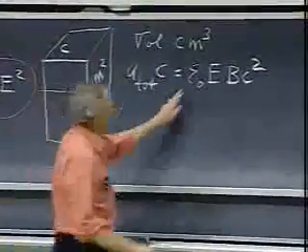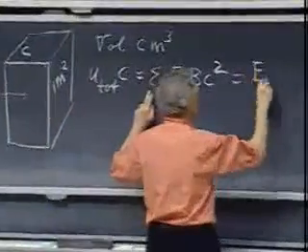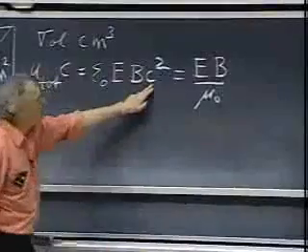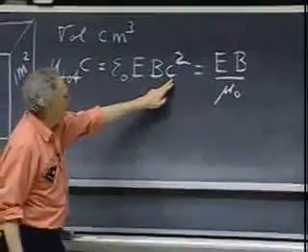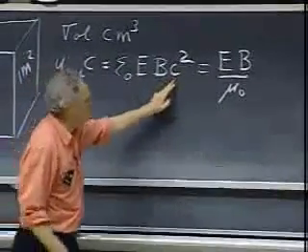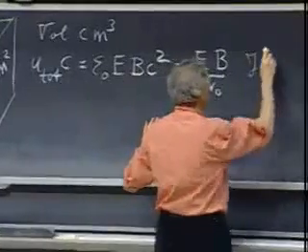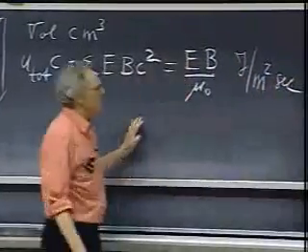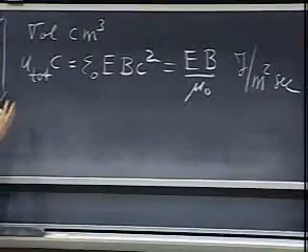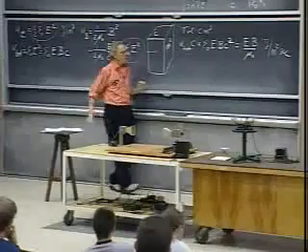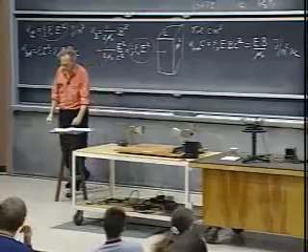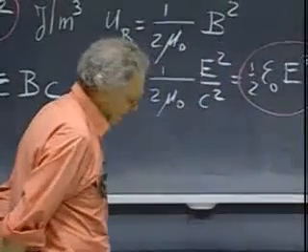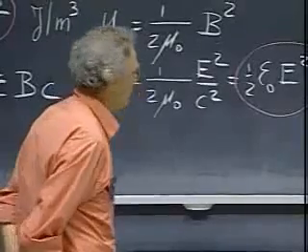And this, of course, is also E times B divided by mu 0, because c squared in vacuum is 1/epsilon 0 mu 0. And this now is joules per square meter per second, because in 1 second, all that energy comes out, and I have already chosen 1 square meter area. Let me see whether I'm happy with that. Yes, I'm happy with that.